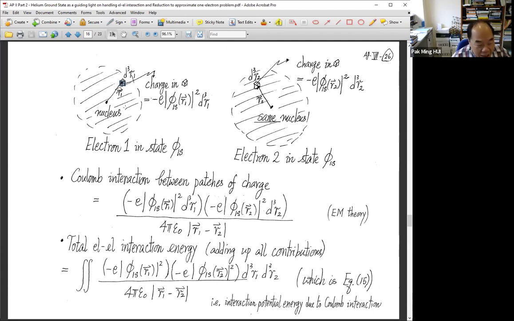For the total interaction energy, we have to account for electron 1 being anywhere here and electron 2 being anywhere. Thereby we integrate over electron 1 and electron 2's possible positions. Therefore we have this J integral. So that is the interpretation. Does everybody follow this interpretation?